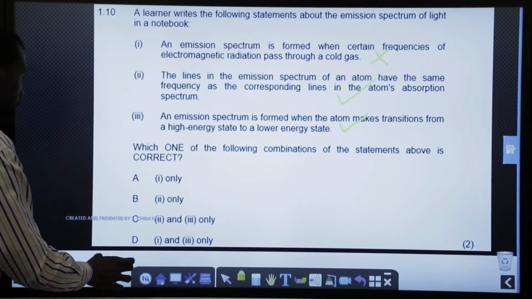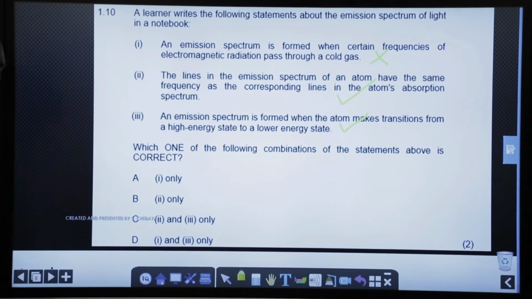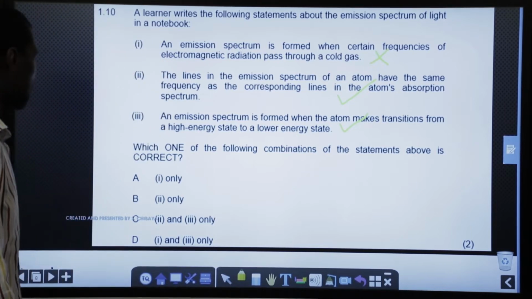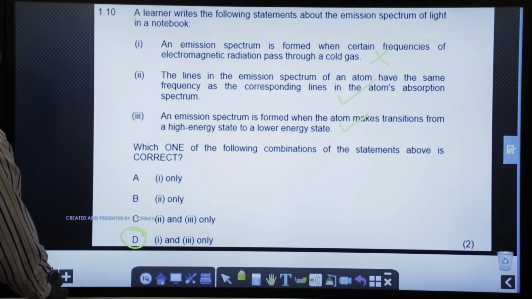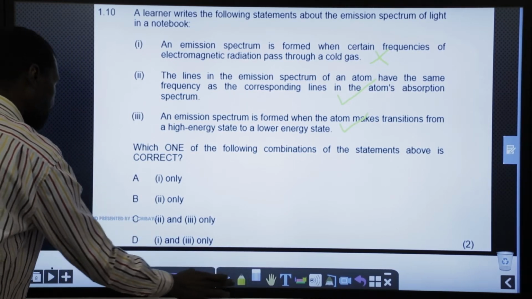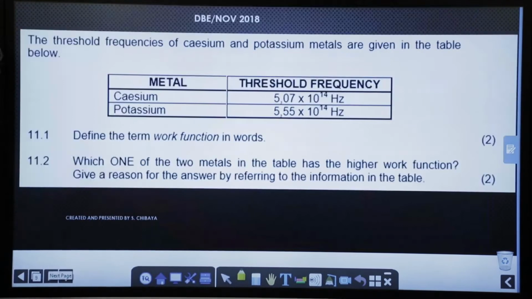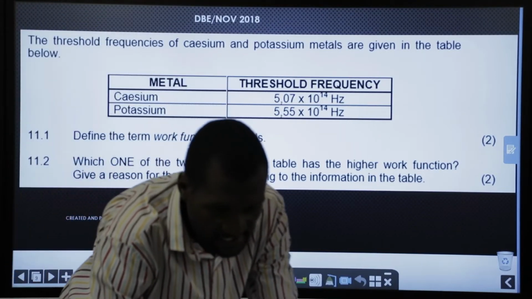So which one of the following is correct? Our correct answer there will be D. Okay, not D, sorry. 2 and 3, that will be C. Good.